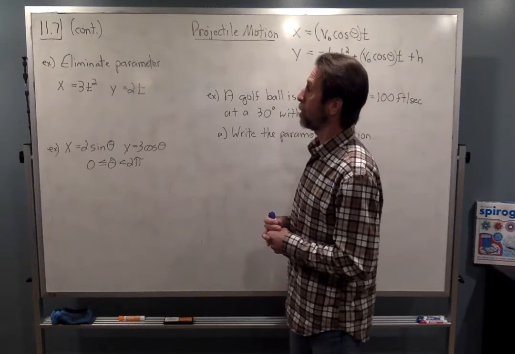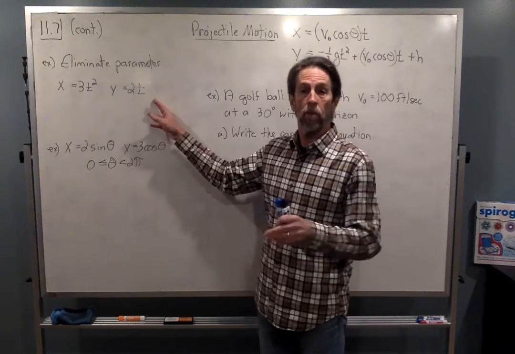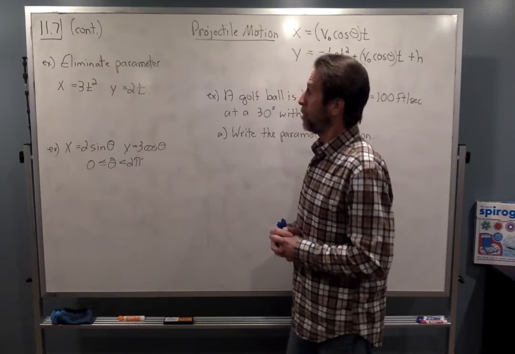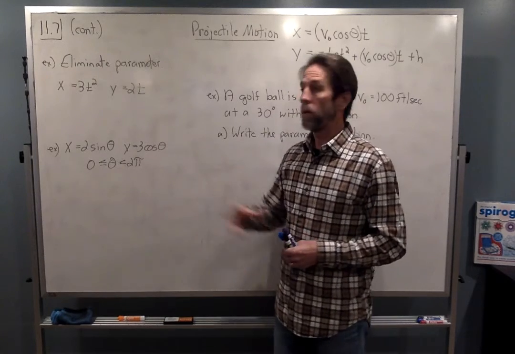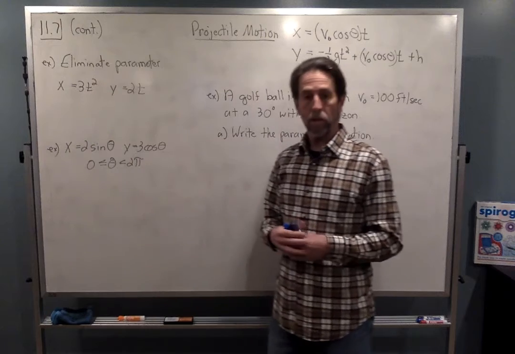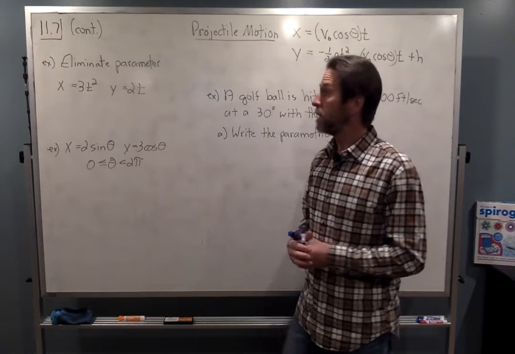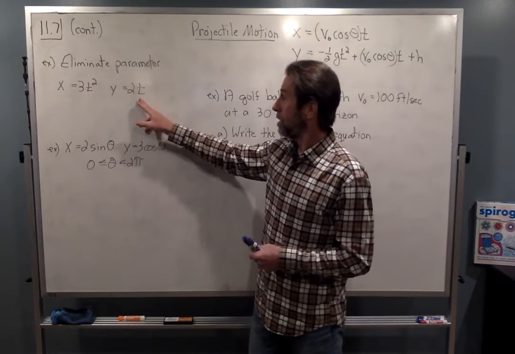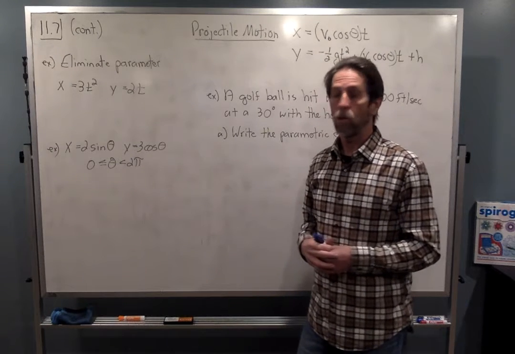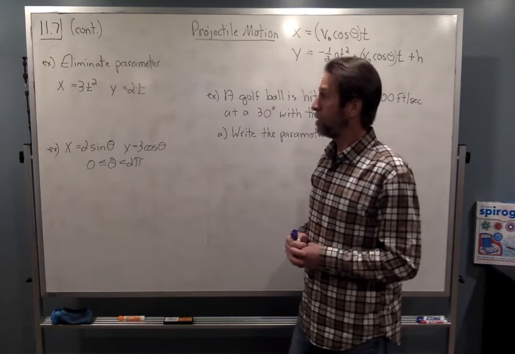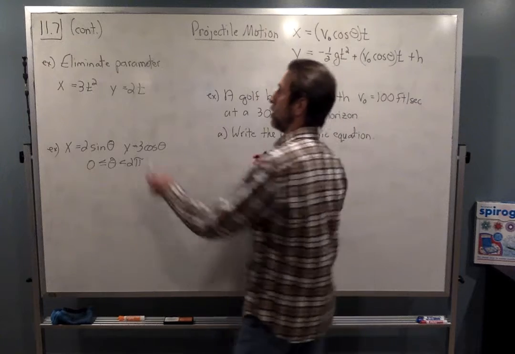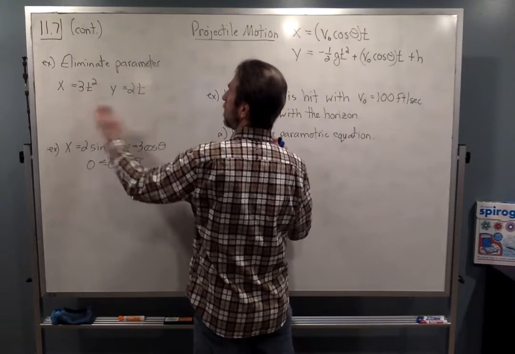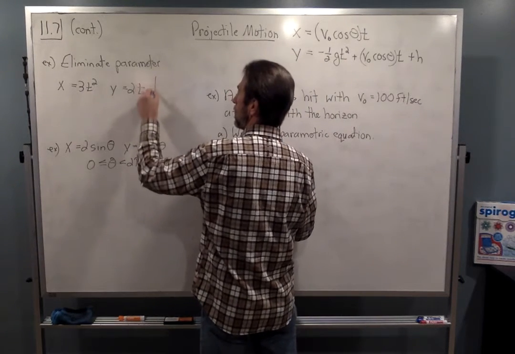So in order to eliminate a parameter, this is actually an example from the first video, we basically just use a substitution. Now I know there were requirements and restrictions for t, but it really comes down to this. I know that if I can just solve the system of equations by solving for t and then substituting, I'm in pretty good shape. So I can look at this any way I'd like, but here I can solve for t very easily.